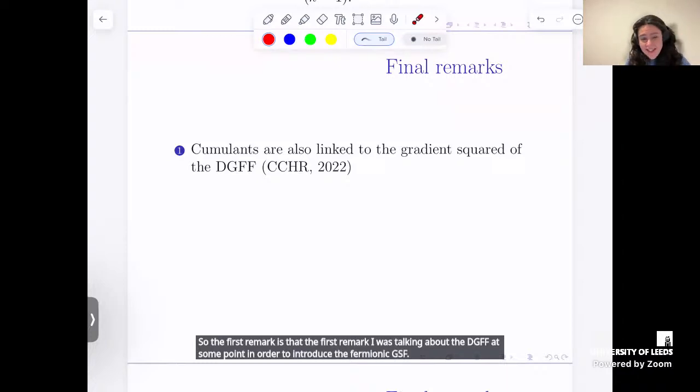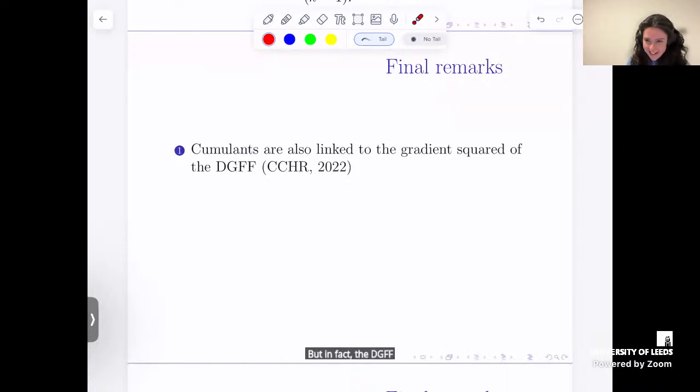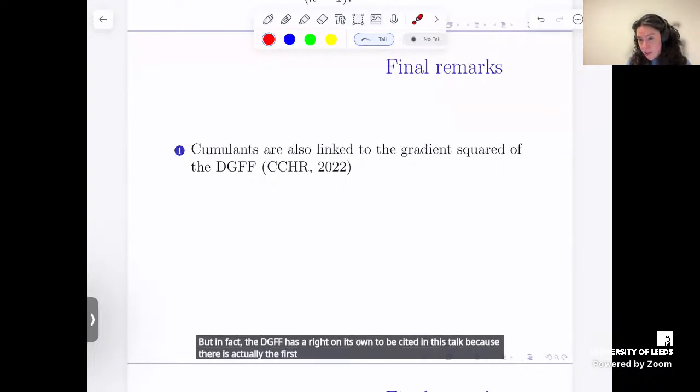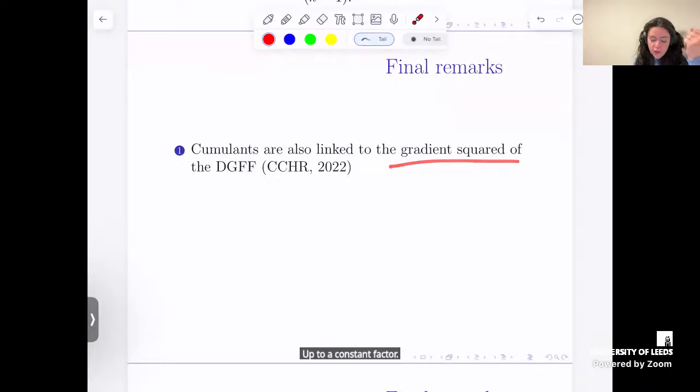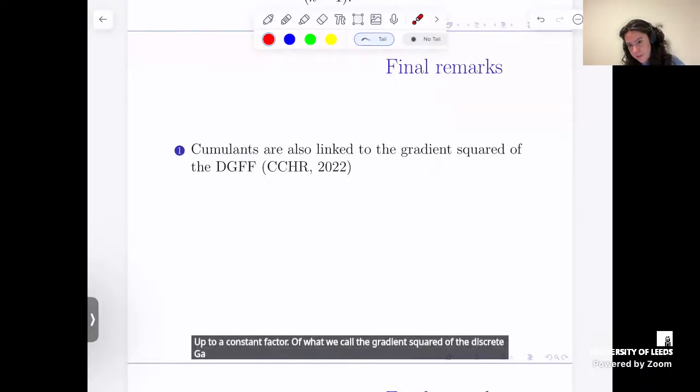But in fact, the DGFF has a right on its own to be cited in this talk, because the first chronological result that we proved was that the height one field of the abelian sandpile has the same limiting cumulants, up to a constant factor, as what we call the gradient squared of the discrete Gaussian free field.